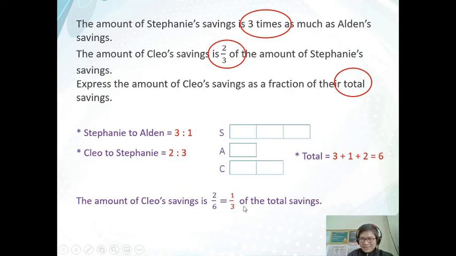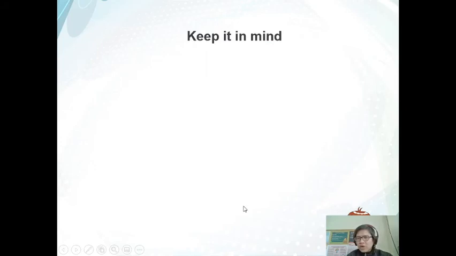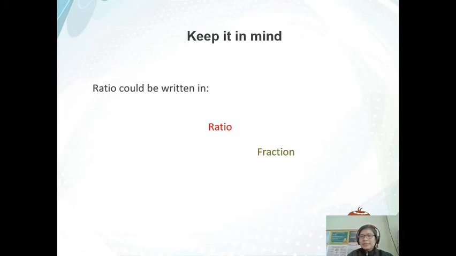Please always keep this in your mind. If we are talking about a ratio, we can write it in at least 3 forms. The first one, of course, is the ratio itself. The second one, we can write it as a fraction. And the third one, we can write it as how many times it is.